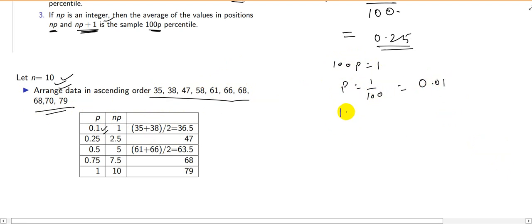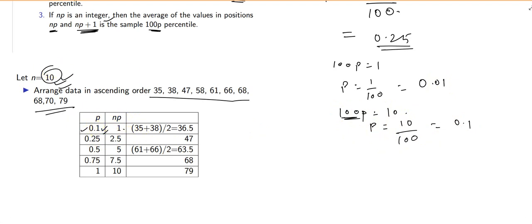And if we are to find the 10th percentile, then 100p is equal to 10 and p is equal to 10 upon 100, which is 0.1. So you should know how to interpret this value of p. P corresponds to the 10th percentile, and np, the multiplication of n with p, gives you 1. And this is an integer.